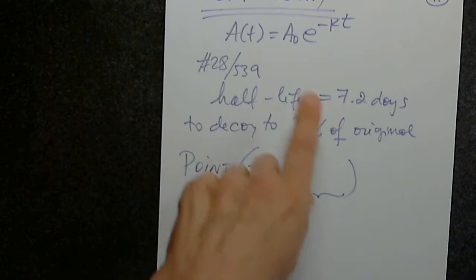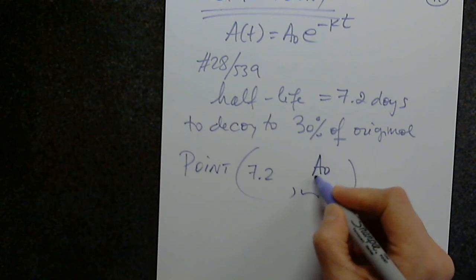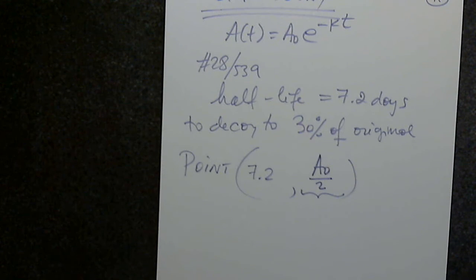But now, in this case, I do not know what I have. I have A0. In 7.2 days, I would have half of A0. Exactly. That's exactly the point pertaining to half-life. Is that clear?